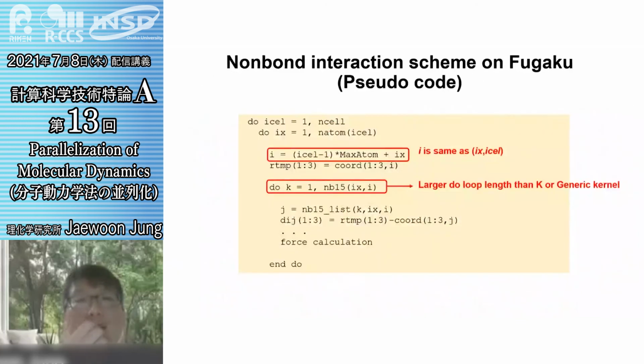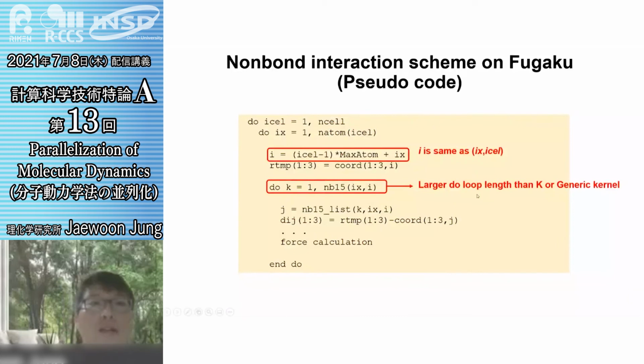So in the previous pseudocode, we make a cell pair index, and we make a first cell, second cell, and make a loop of the first particle of the first cell, and a loop of the particle index in the second cell.